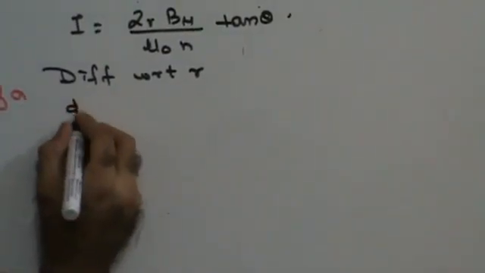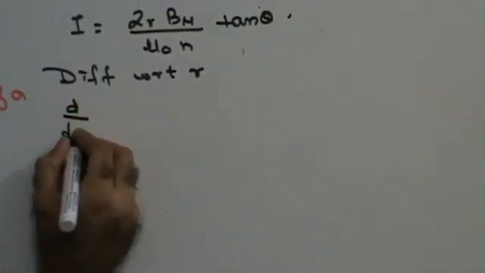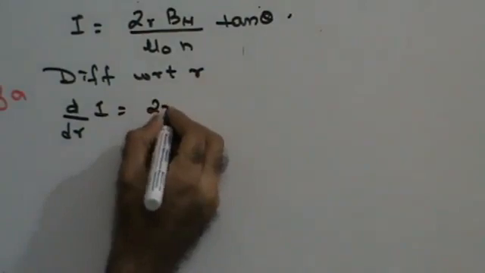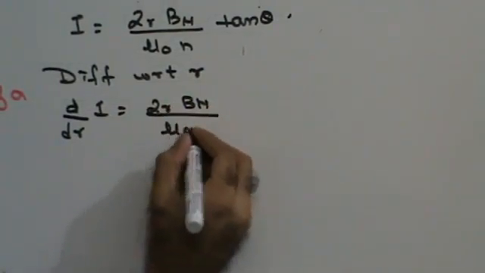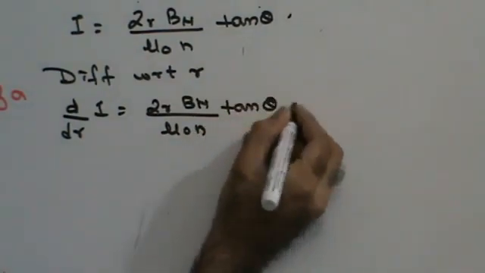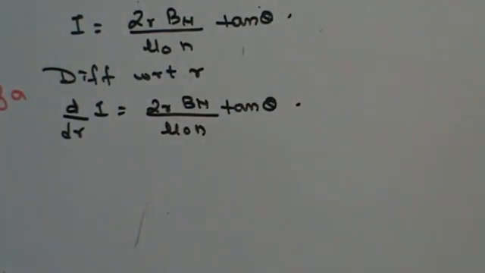Now if I differentiate with respect to r, I'll get dI by dr is 2 BH upon mu 0 n tan theta, because all the other terms are constant.